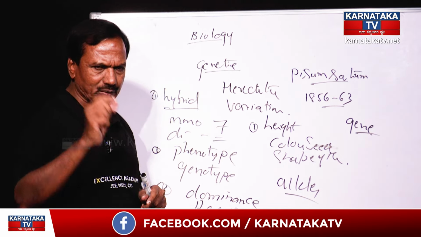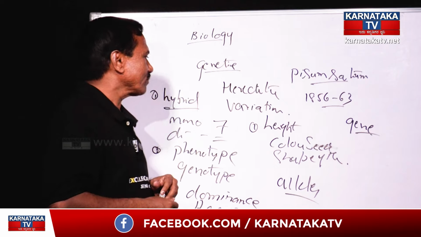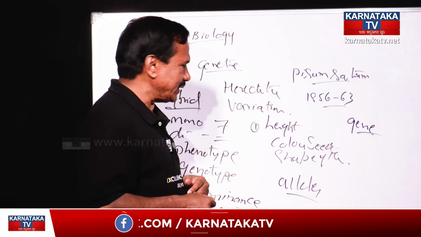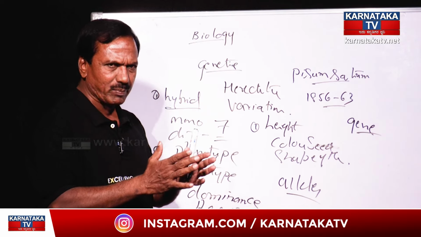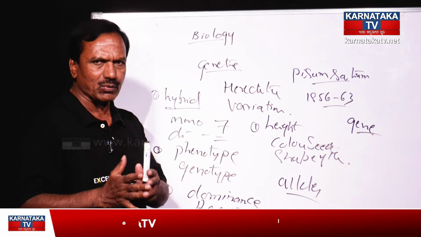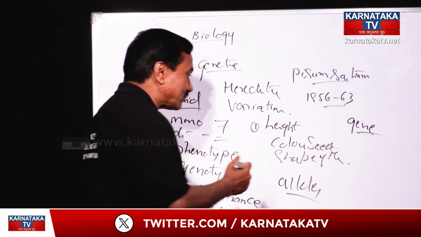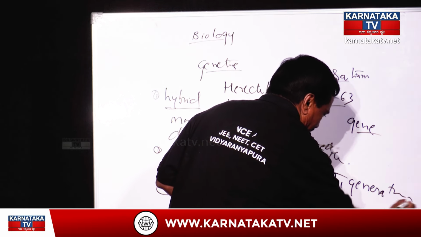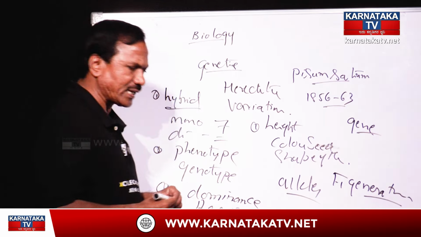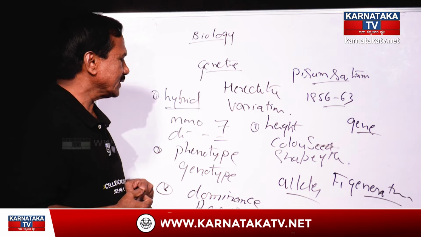This is the first line you have to write. Then Mendel crossed the homozygous tall plant with the homozygous dwarf plant and got the F1 generation, or you can say the first filial generation, right?